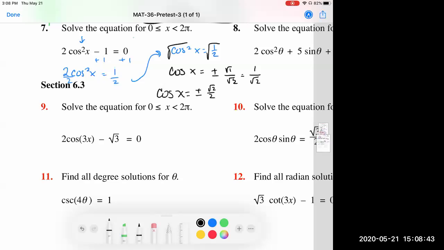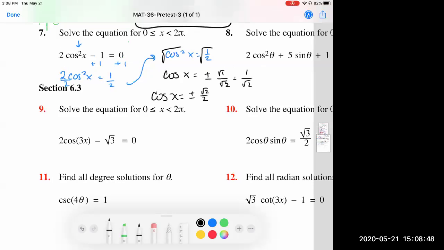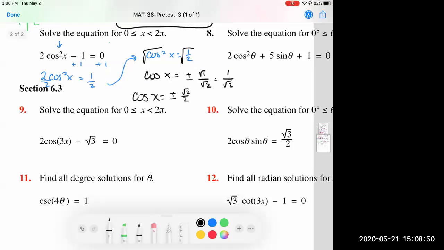So I want all the answers for cosine when it's square root of 2 over 2. So our answers would be x is equal to 45. It wants radians. So it'd be pi over 4, 3 pi over 4, 5 pi over 4.